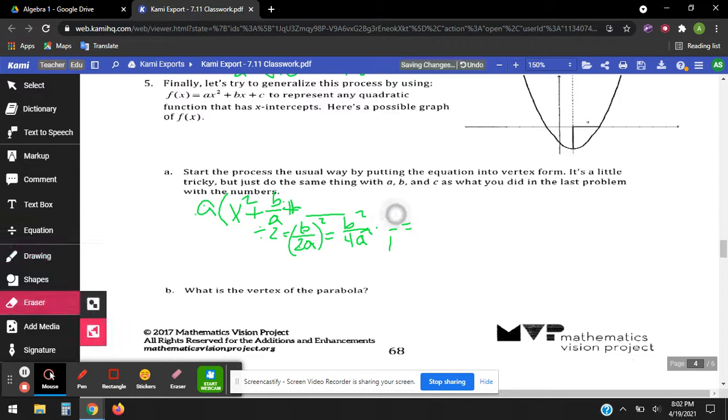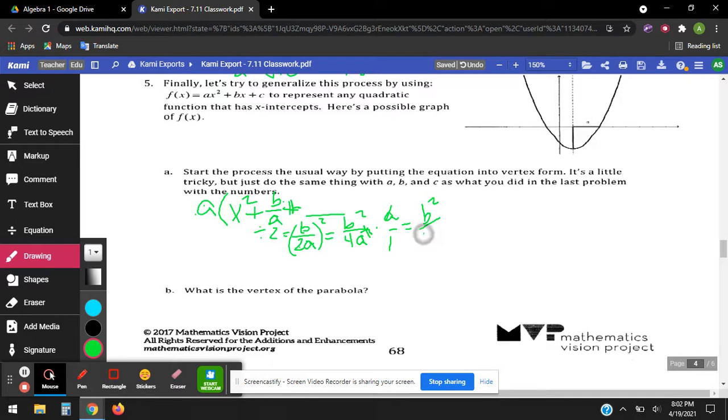Well, this a and one of those a's cancels, so I end up having b squared over 4a. Oh, I guess that's after I already multiplied by the a.